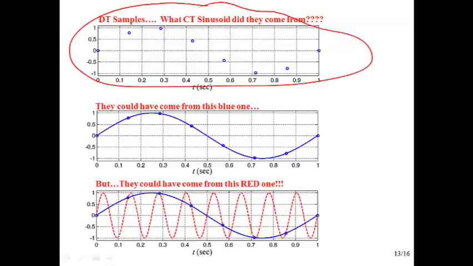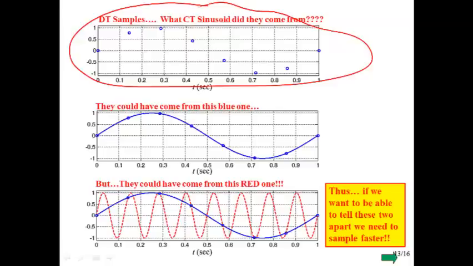And in fact, I could find additional sinusoids that are higher frequency than the red one that also satisfy these samples. So the thing is that from a set of samples of a sinusoid, there are infinitely many different sinusoids that it could have come from. What we do is we say, all right, we're going to assume that it was the lowest frequency of all those possible sinusoids. So this is something we want to explore a little bit more.